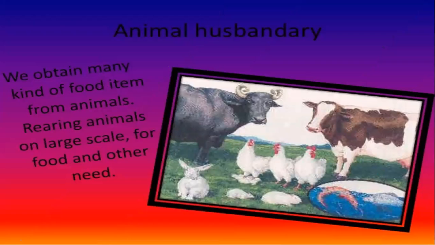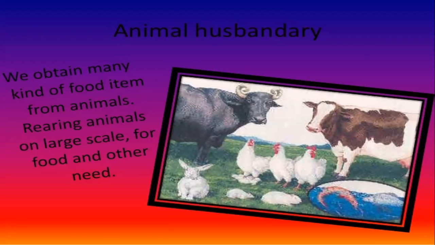So just as we have done for plants, where cultivation is going on and we take care of plants, in the previous lesson we saw the agriculture process: we take care of the seed, then the plants grow, and then we get all the crops. In the same way, animals also have to be cared for in a particular way, in a farming system.